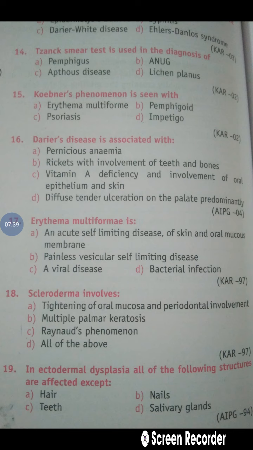So it's a tricky question. You should learn this, that's why the answer is D, but actually all the four are involved. There is no exception here, but in the old edition it was written that salivary glands are not involved. That's why you're going to learn this.